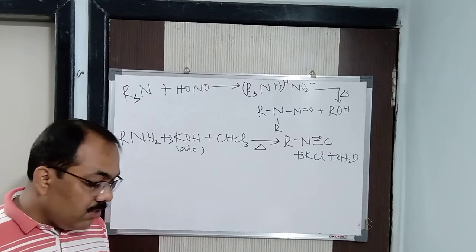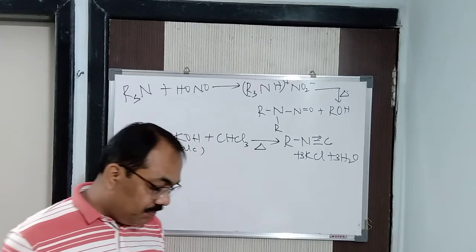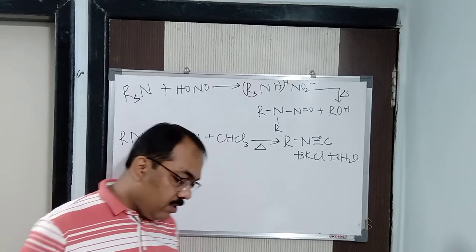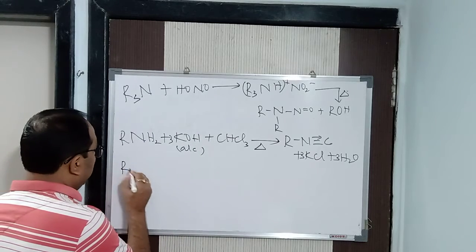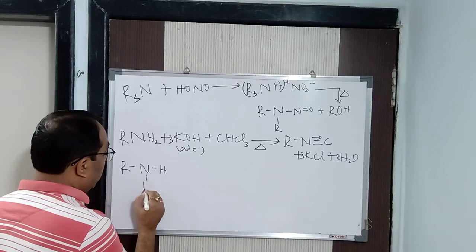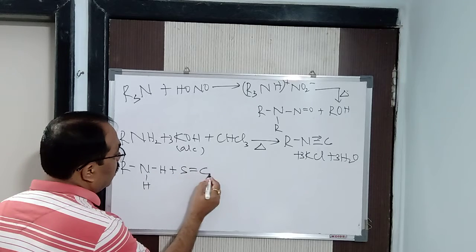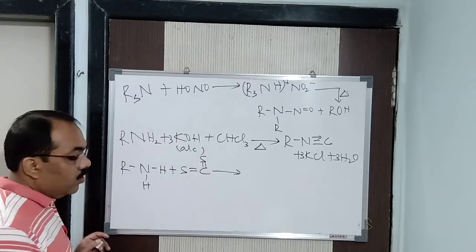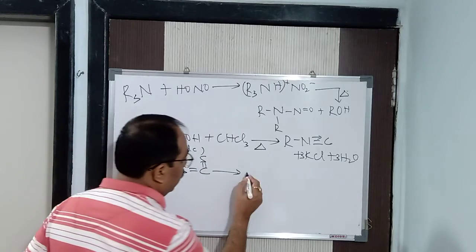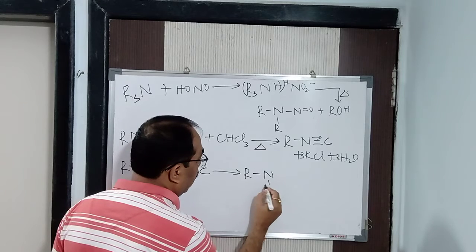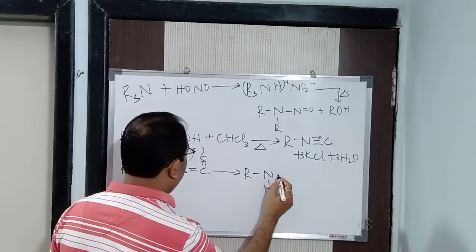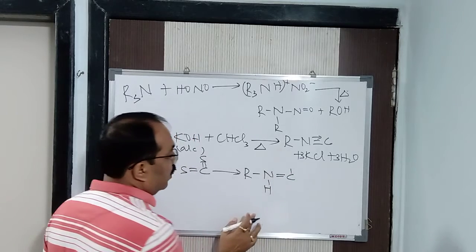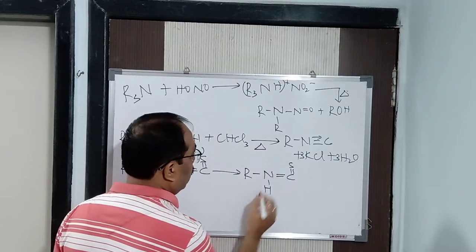Next, we'll see the reaction with CS2, carbon disulfide. See here. So RNH2, when it reacts with CS2, what am I going to get? First I am going to get a secondary product, that is RNH then CS, got it?